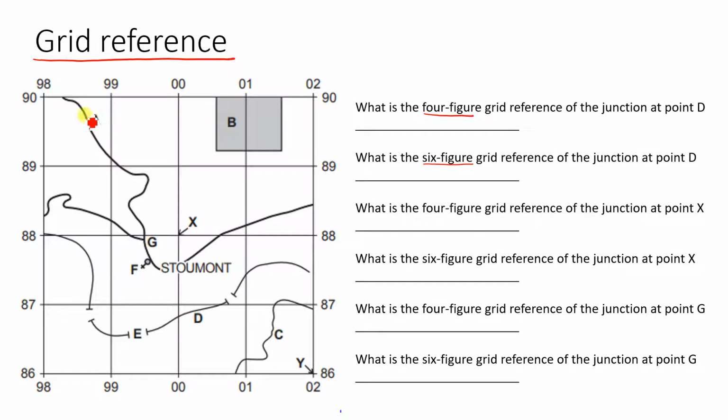So here I will try to locate the 6-figure grid reference of point A, which is this. Now, the first step is to measure the 4-figure grid reference.